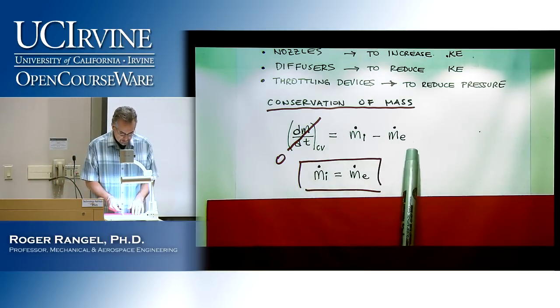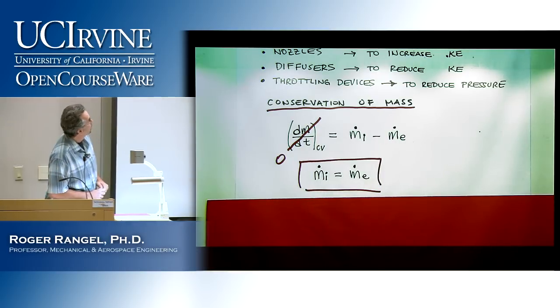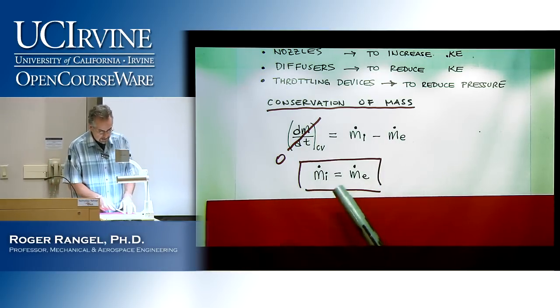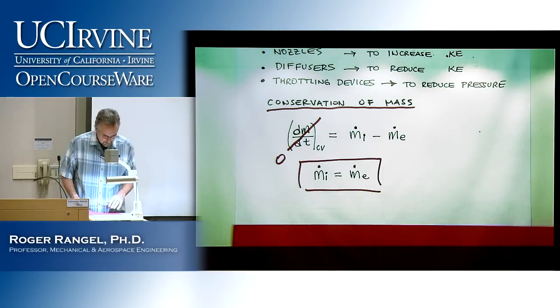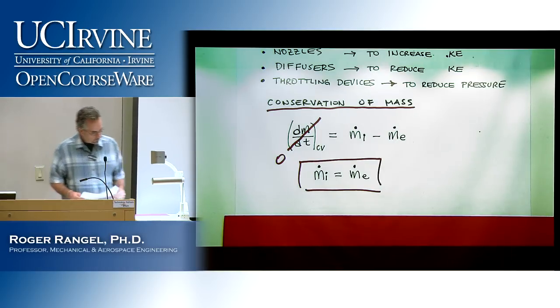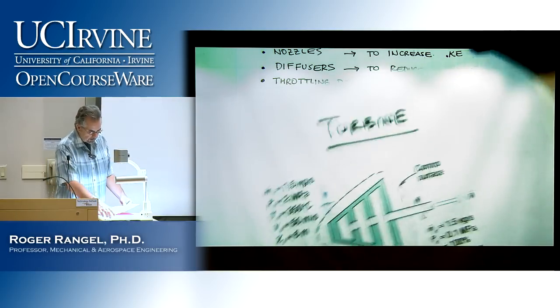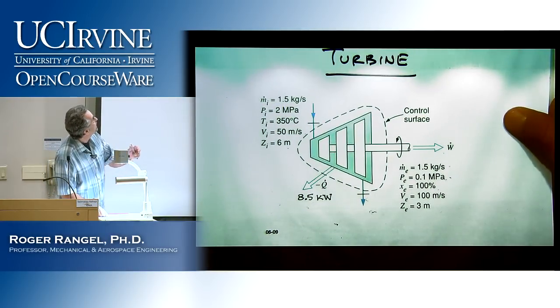If we do that, we reach a simpler equation, which simply states that any rate of mass going into the control volume should be equal to the rate at which mass is exiting the control volume. So that's very simple. Let's look at an example, in this case for a turbine. So here is a turbine. Here is a schematic of a turbine.